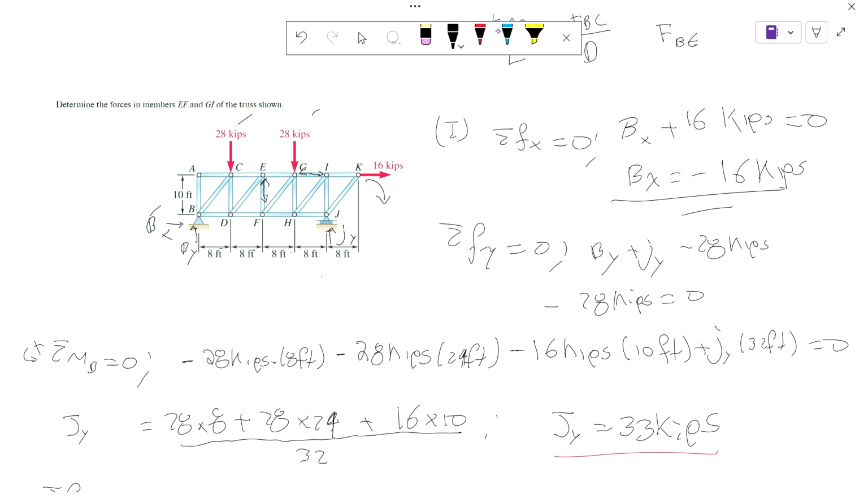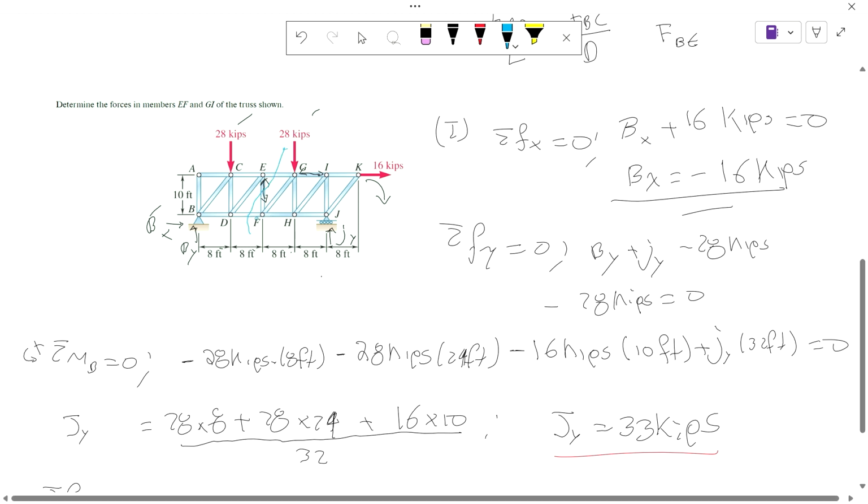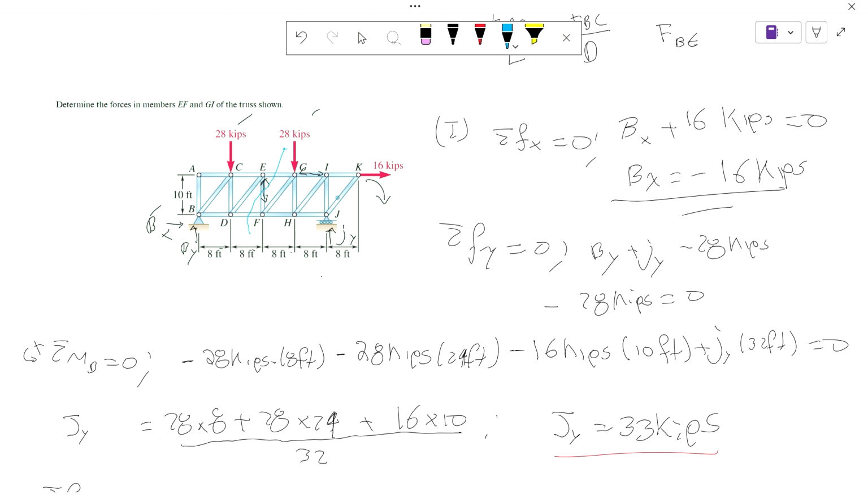So we can do a cut right here. And we choose how to cut. But right here is easier because we don't have to deal with these angles and anything like that.